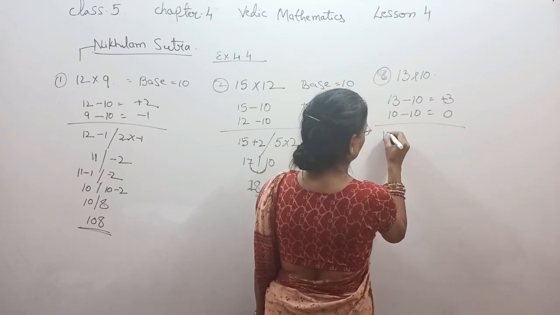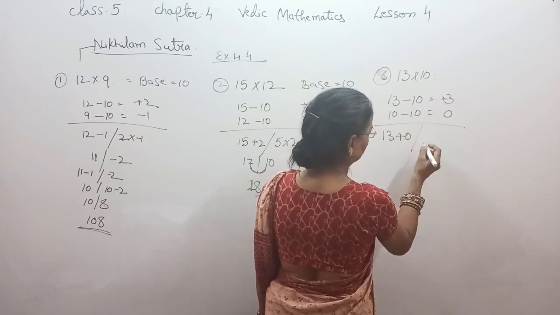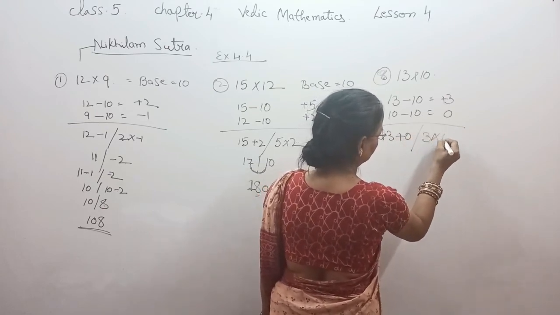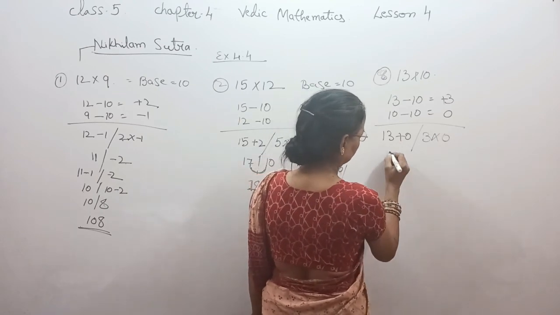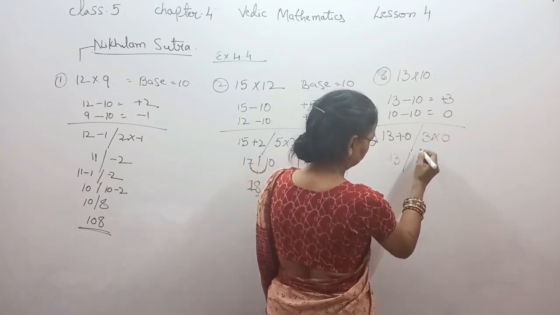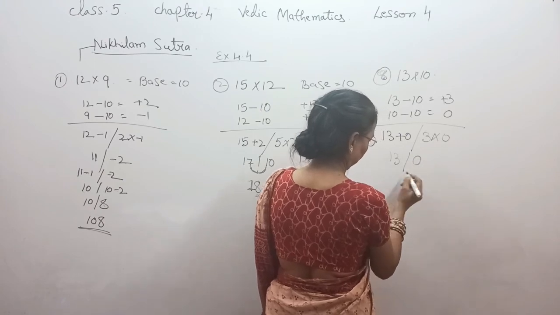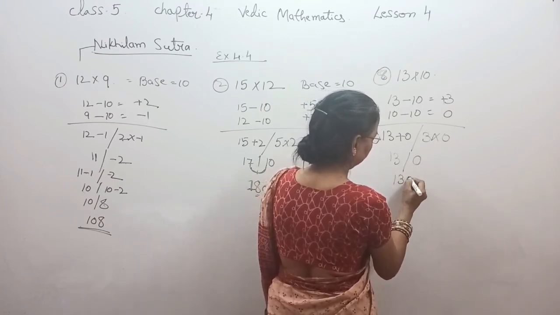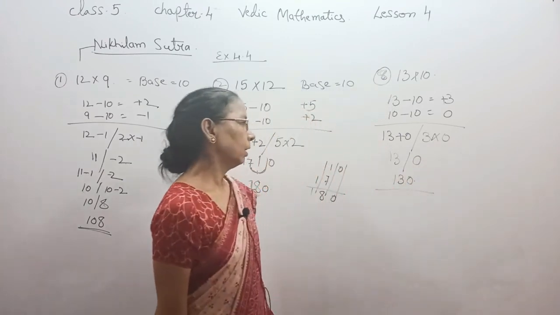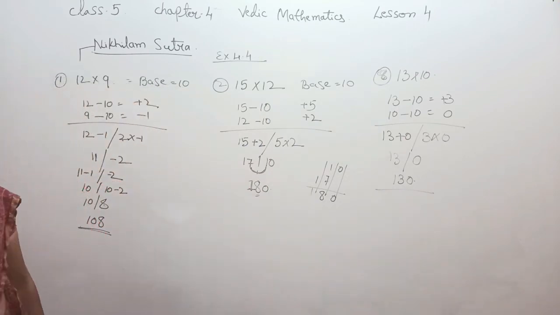Now 13 plus 0, slash, 3 into 0. 13 plus 0 is 13, slash 3 into 0 is 0. Now simply we write it as 130. Like this you have to solve the questions given in the exercise.